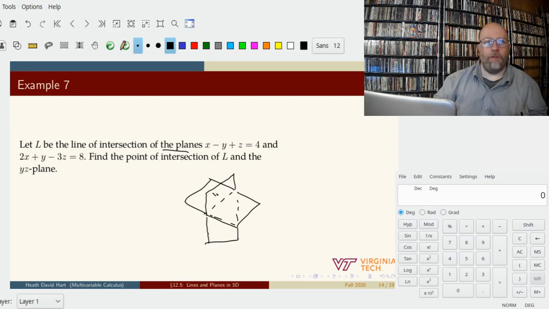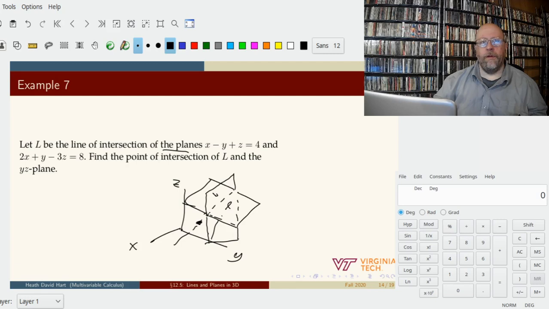L is the line where these 2 planes intersect. And the question is, if this is X and Y and Z, where does this line L cross through the YZ plane? If I extend L, where does it intersect the YZ plane? Oh, wow. So how do we handle that?